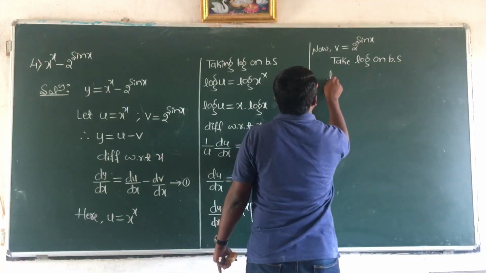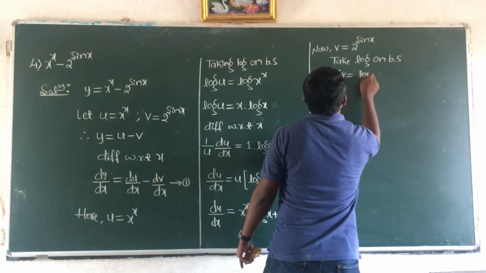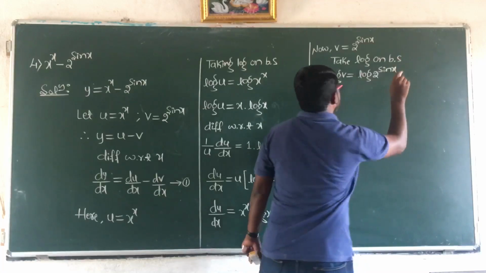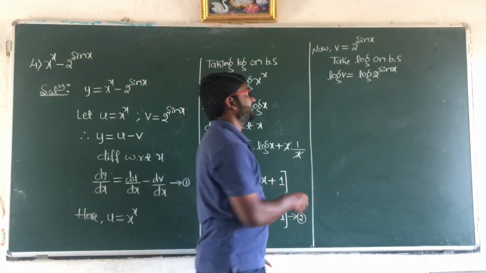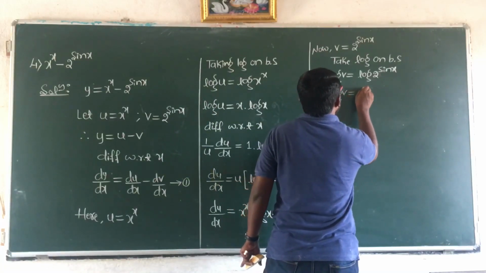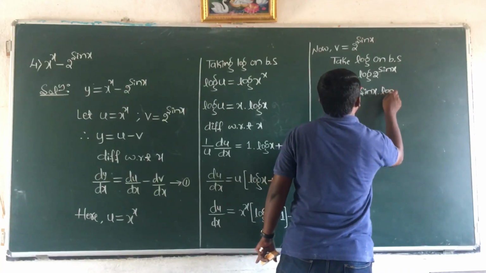So here we get log v, which is equal to log 2 raised to sin x. Again it is in the form of log x to the power n is equal to n log x. So log v is equal to sin x into log 2.